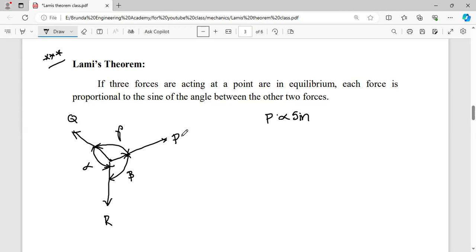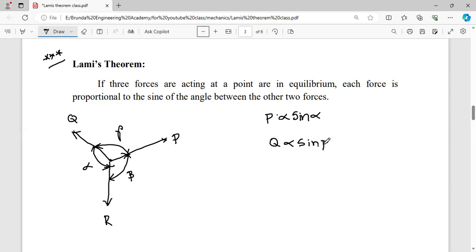Suppose P: each force is proportional to the sine of the angle between the other two forces. What are the other two forces? Q and R. What is the angle? That is alpha. P is proportional to sine alpha. Whereas, take force Q. What are the other two forces without Q? P and R. What is the angle between P and R?